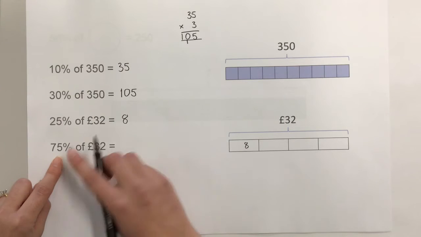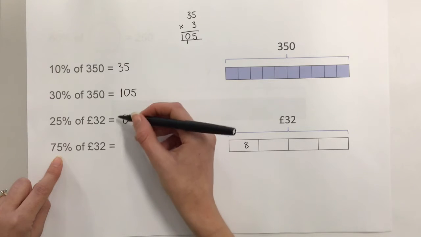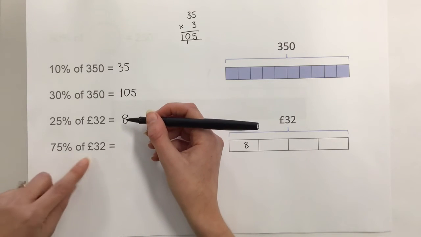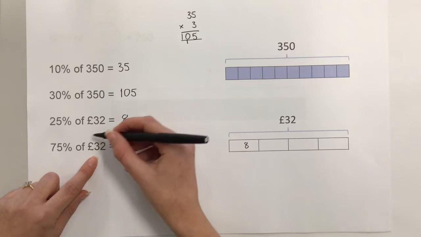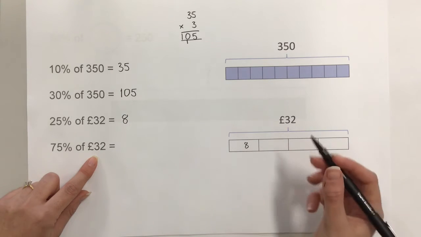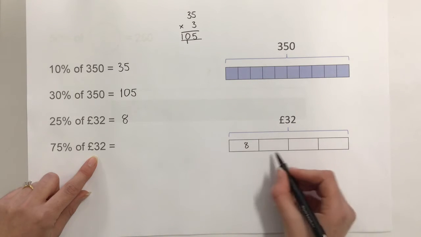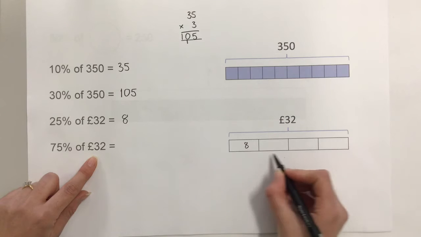So I could take the knowledge I know that 25% is equivalent to 8 and take that off of 100%, and my 100% this time is £32. Okay, because I know that 8 is 1/4, but at the moment I'm looking for what 3/4 is.